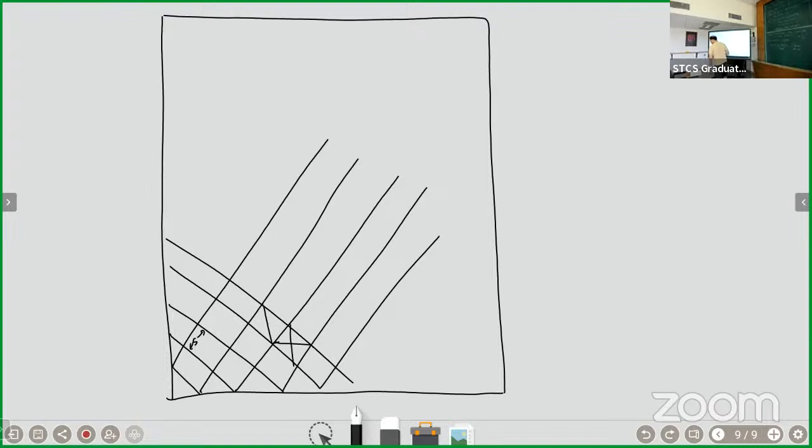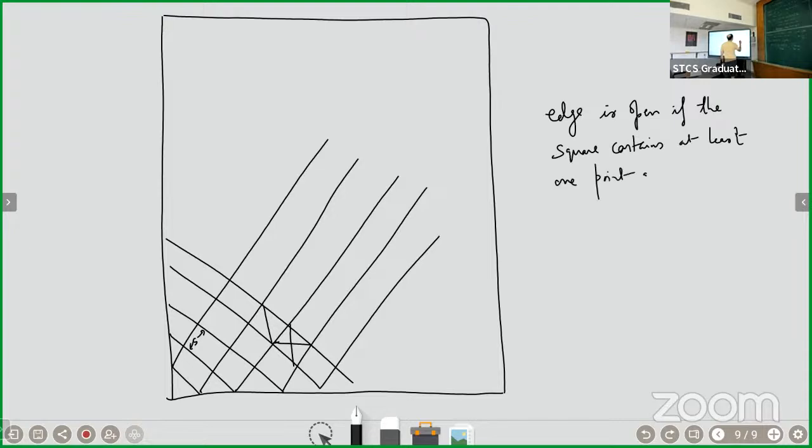Yes, that's all. Edge is open. I have to choose the square size appropriately so that with high probability most of the edges are open.